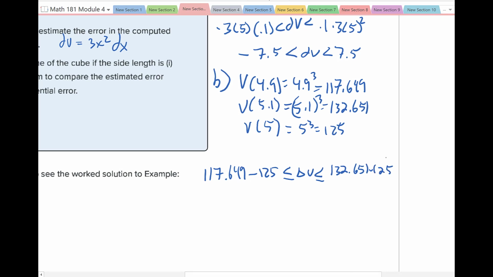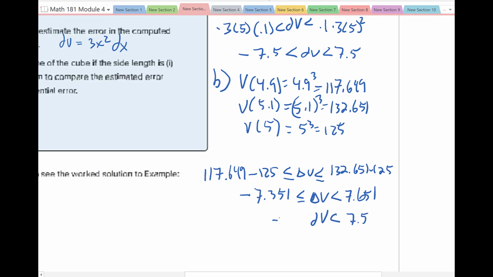So this gives us the range of negative 7.351 is less than or equal to delta V less than 7.651. And what I want to stress here is that our dV from just above was between 7.5 and negative 7.5. So very similar numbers there. Pretty interesting.